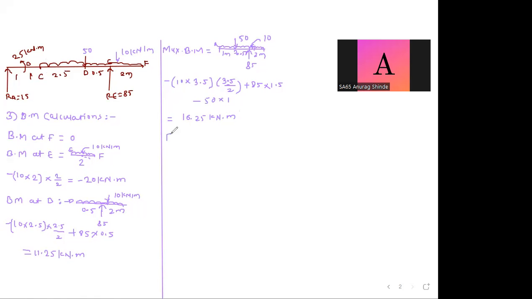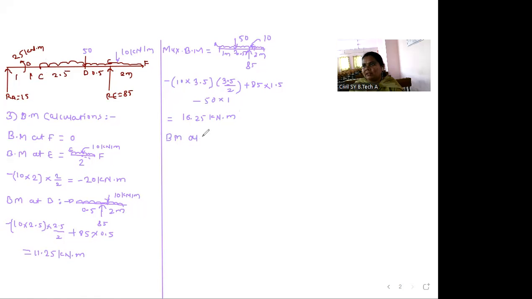Okay, after that we will calculate the bending moment at C. We will calculate from this left side because fewer forces are there. So I will draw the span here, here 15, this is 25, this is 1 meter, and at C this is 1 meter. So this pushes upward, so plus 15 into 2 meter.